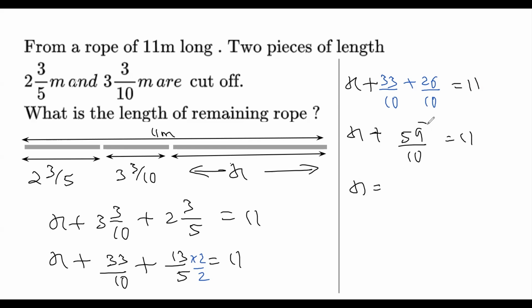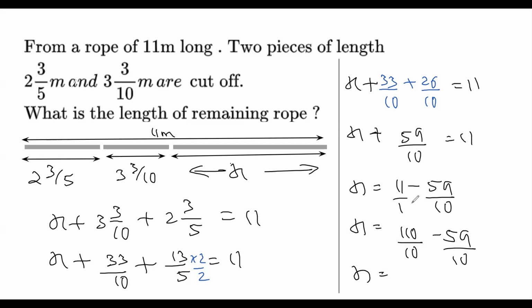Next, I'm going to transpose this to the right hand side. So it should give you 11 minus 59 over 10. So x comes out to be how much? If I multiply 11 by 10, it's going to be 110 over 10, minus 59 over 10. Here I took the LCM, that is 10, and we got 110.